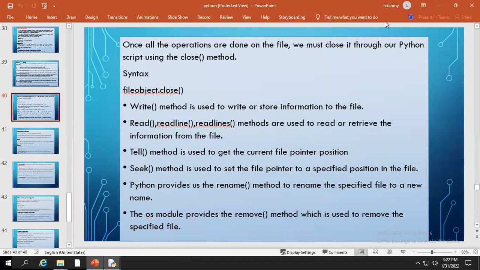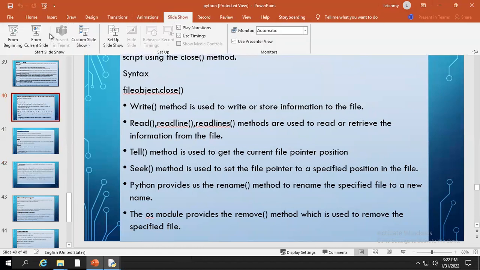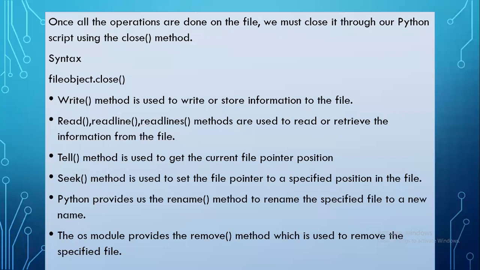Inside the OS module, one function is the rename method, and another is the remove method. We have to specify which module it belongs to, so we use os.rename, and os.remove to delete any file.